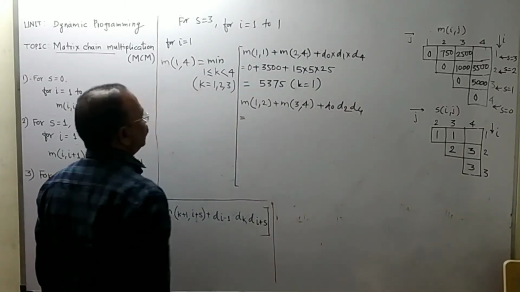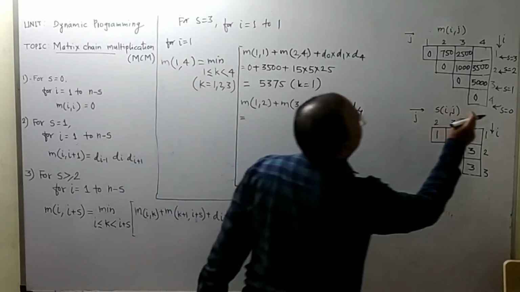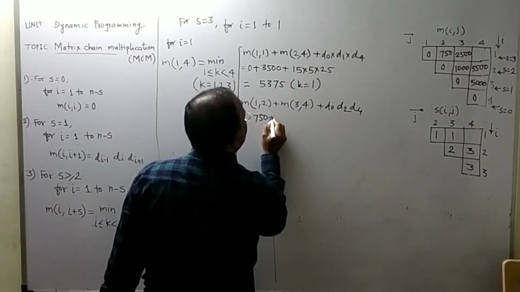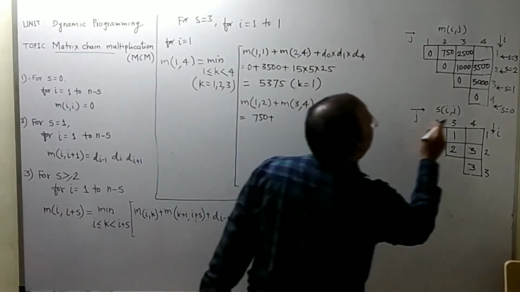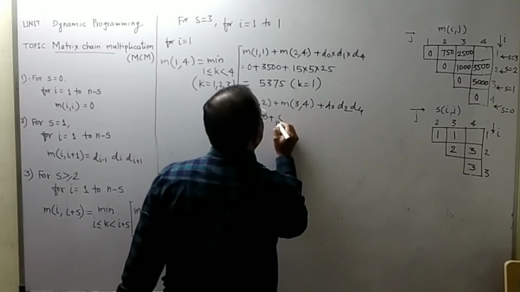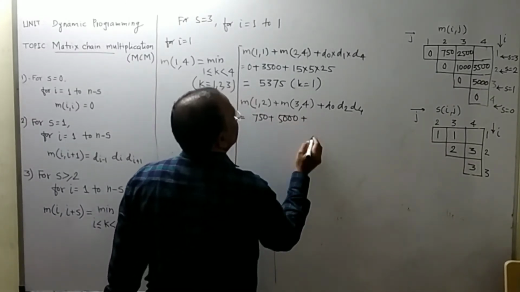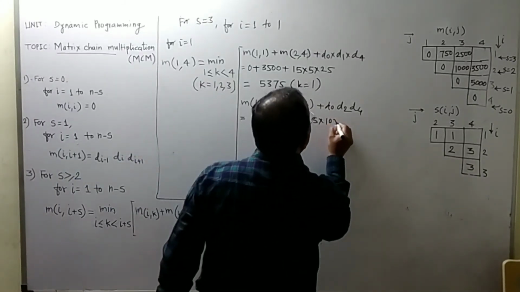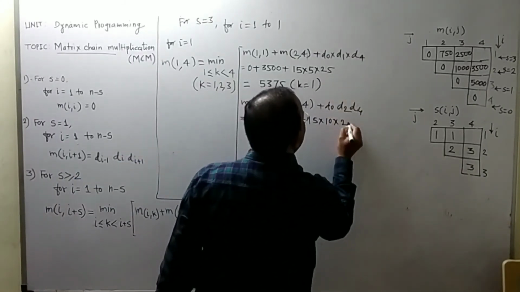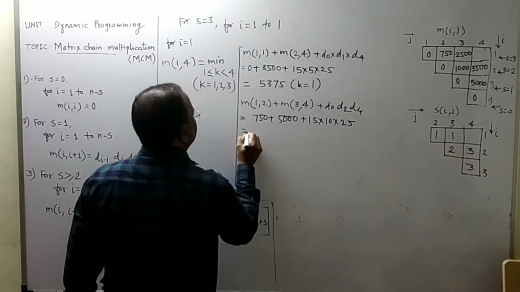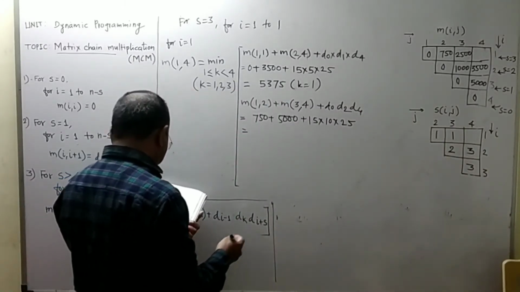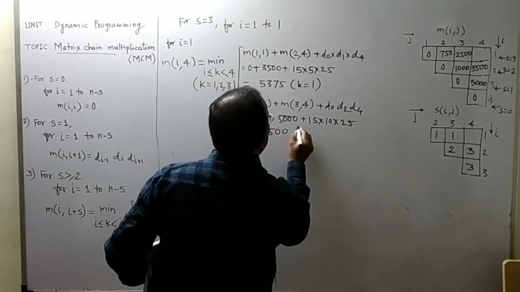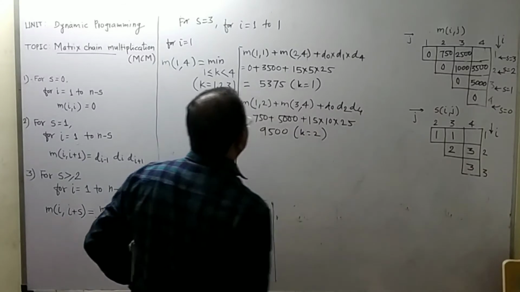Put the values. M of 1 2 is 750, plus m34, that is 5000, plus d0 is 15, d2 is 10, and d4 is 25. It comes to 9500 for k is equal to 2.